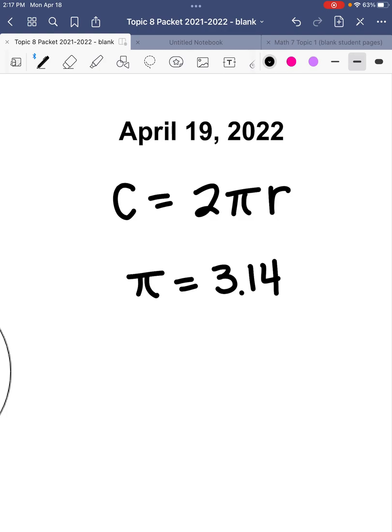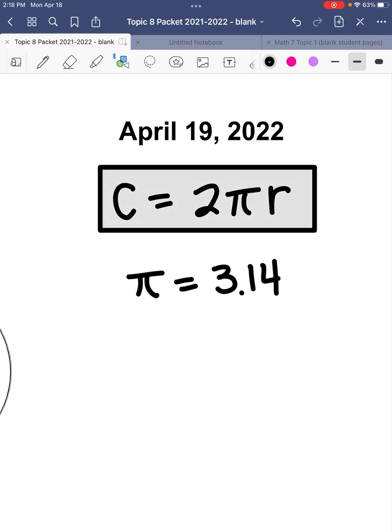So pi is a never-ending decimal. It keeps going on, but we are always going to approximate it to 3.14. Okay? So now that we've talked about the formula, and remember, it's circumference equals 2 times pi times the radius, we're ready to get started with some examples.